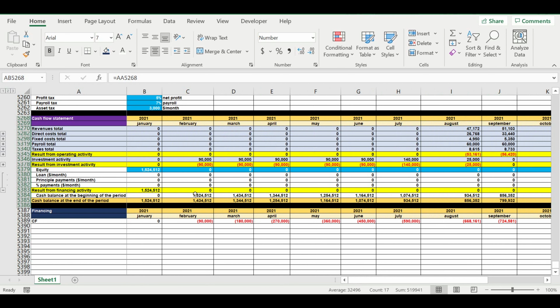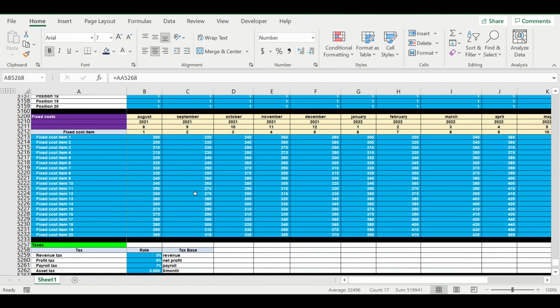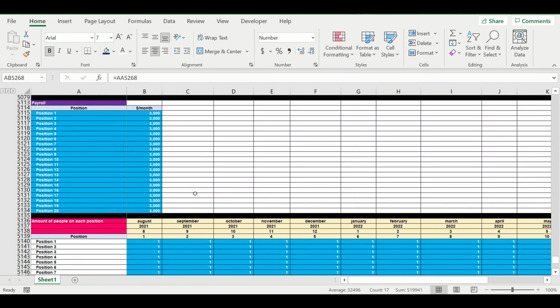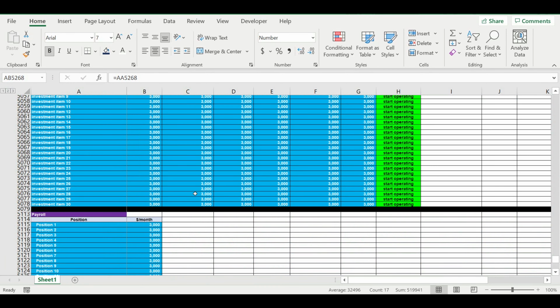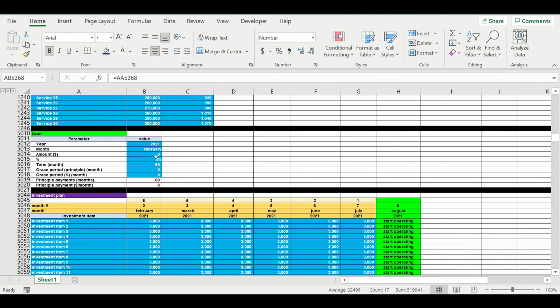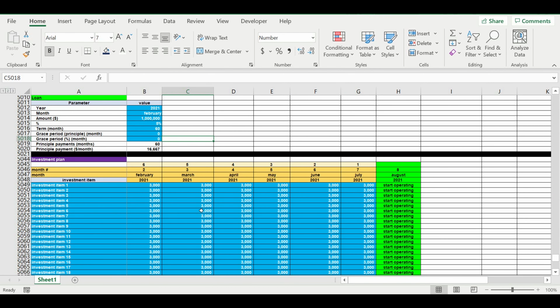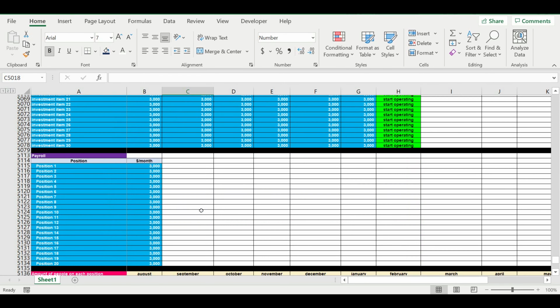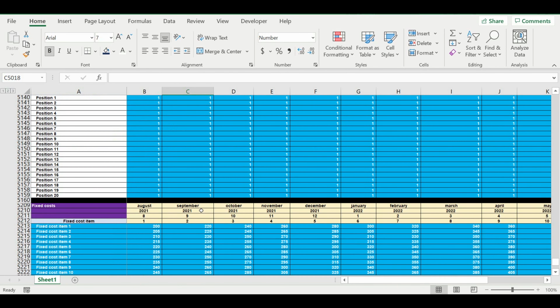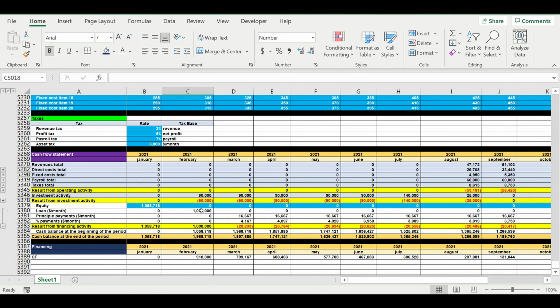Also, we can add, for example, a loan. So here we can see how we added a loan.